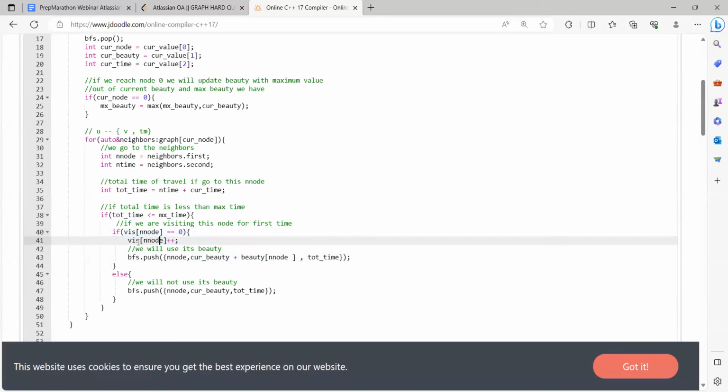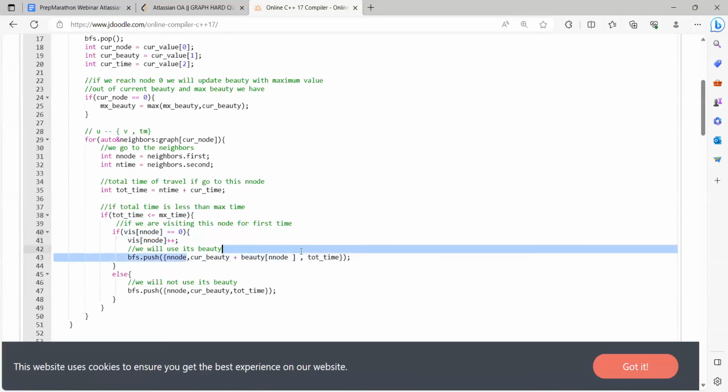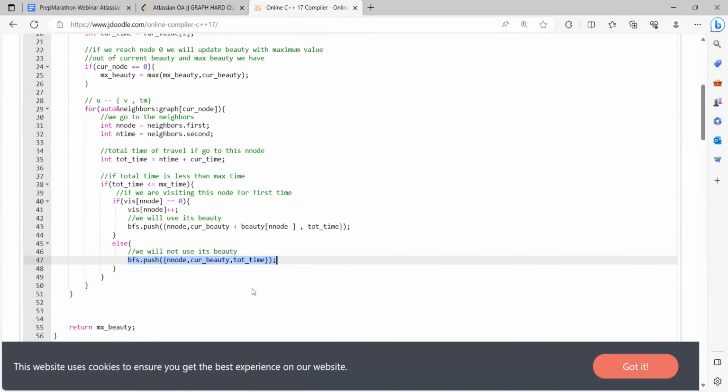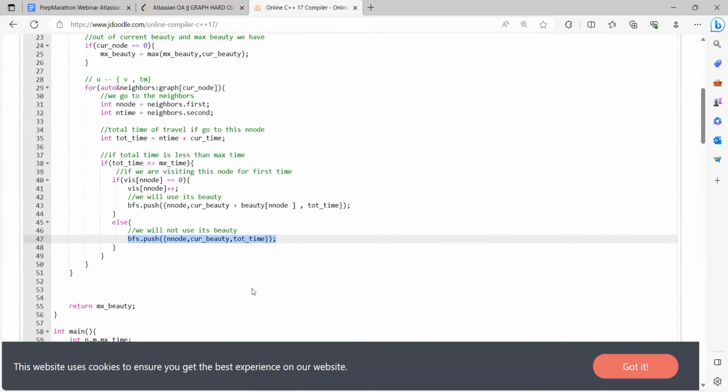If I visit for the first time, I get the beauty updated, and the total time is also updated to the current time plus the time taken to travel to this particular node. If I'm visiting it for the second or multiple times, I cannot use the beauty again. So in this case, I'll just update my time. See, my beauty remains the same and time is increasing. In this way, I'm able to get the maximum beauty.